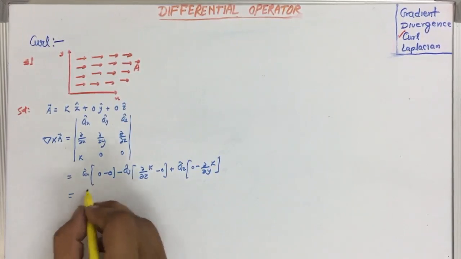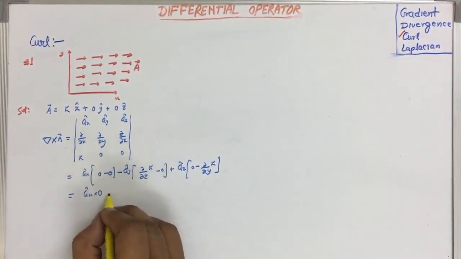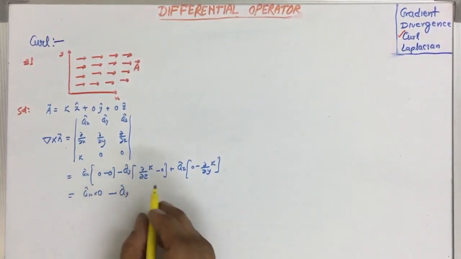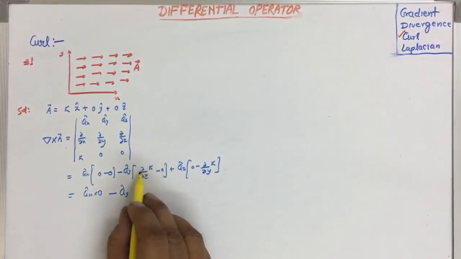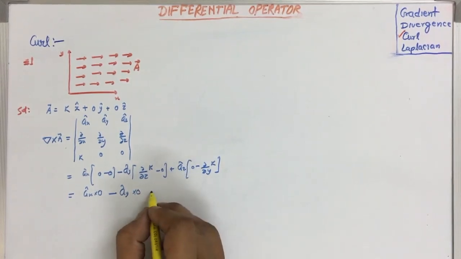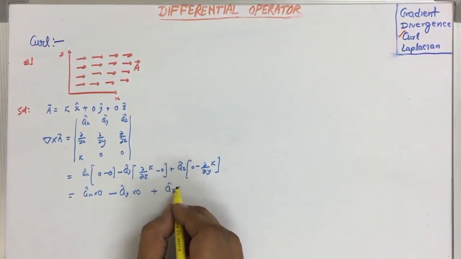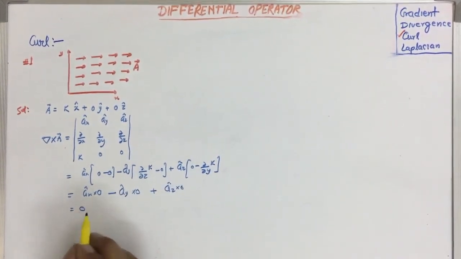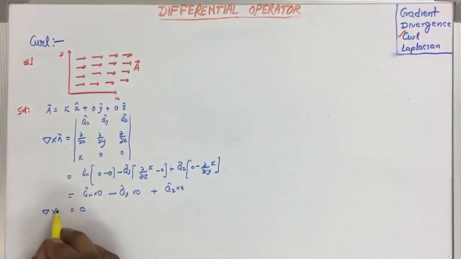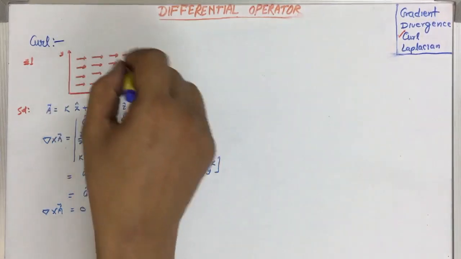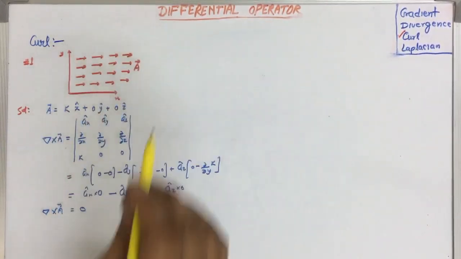So next thing, ax 0 minus ay, the partial derivative of a constant quantity will give you 0 plus 0, okay, minus plus az 0. So what you will get? 0.